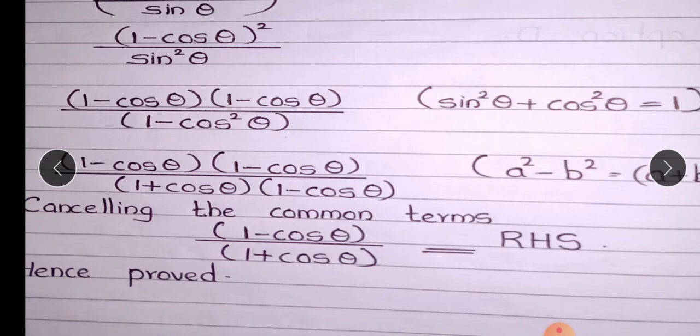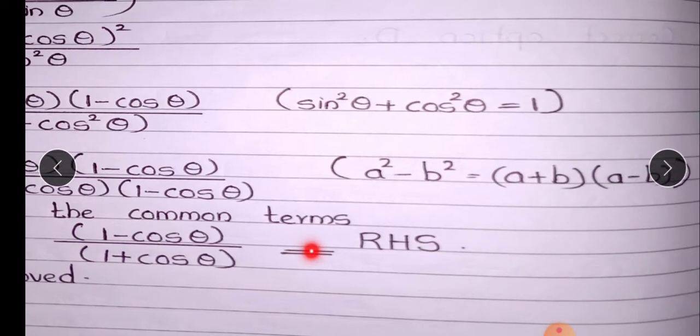Now, can you see any identity here? 1 minus cos square theta. Yes, the identity which you learnt is a square minus b square. A square minus b square is equal to (a plus b) into (a minus b).